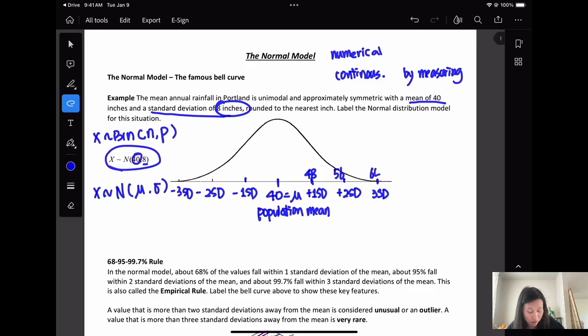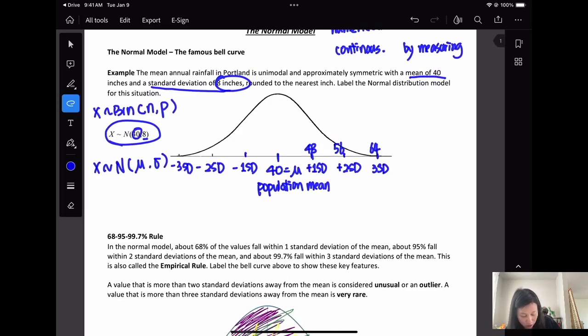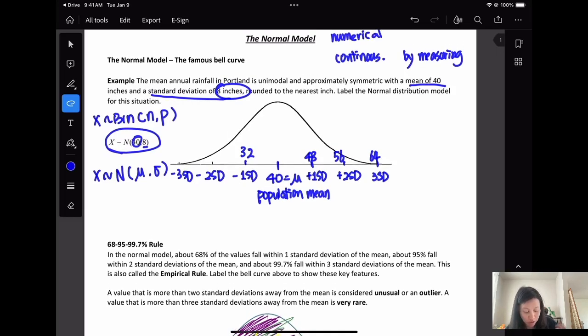And then 3 standard deviations is going to be 64. Subtracting 1 standard deviation is going to be 40 minus 8, which is 32, and subtracting 2 times 8, which is 40 minus 16, is going to be 24, and this is going to be 16.